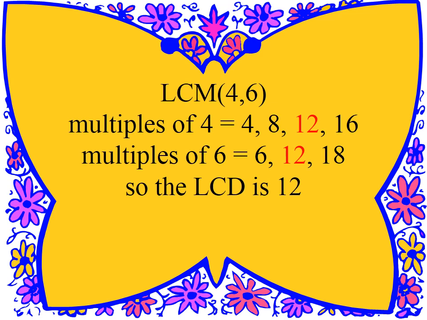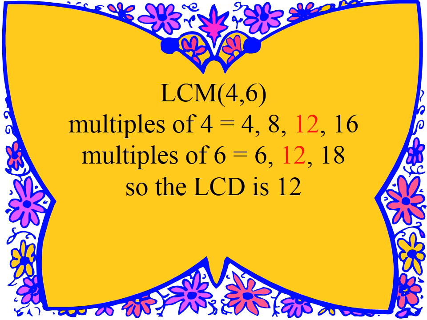We want to find the multiples of 4 and the multiples of 6. Multiples of 4: 4, 8, 12, 16, 20, 24. This is skip counting by 4. The multiples of 6 are 6, 12, 18, 24, and you can complete.